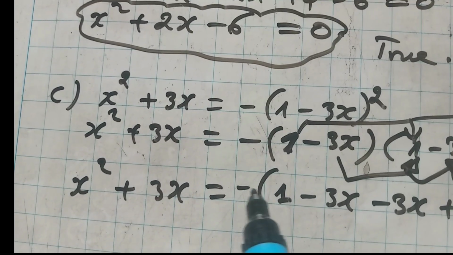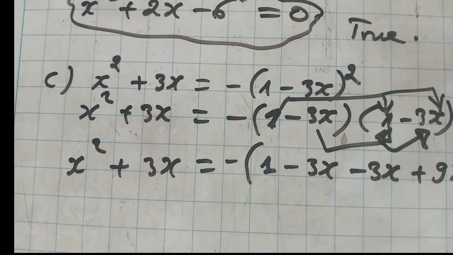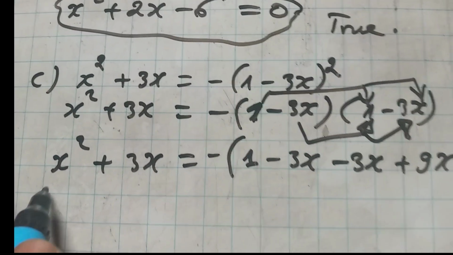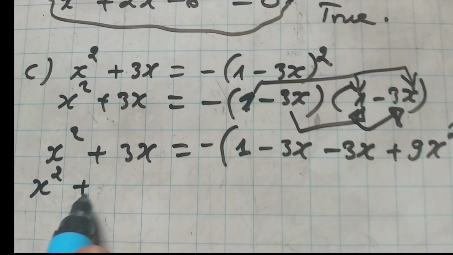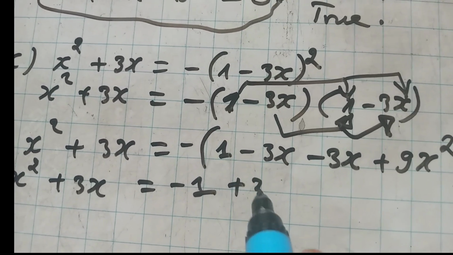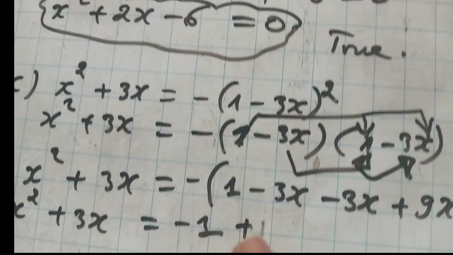This negative is going to multiply and change the sign of the terms within the bracket.